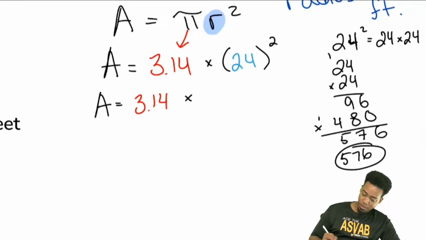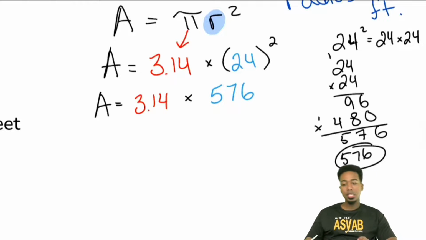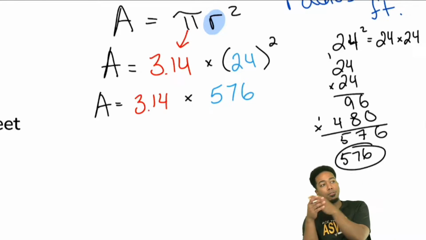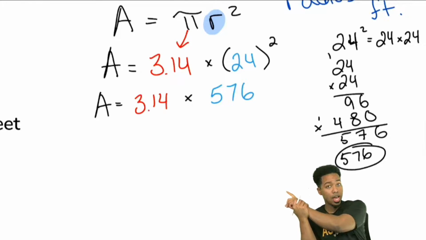multiplied by the 576. And so this is the part of the problem-solving process that, if you have gone through the math basics and you've gone through all of your fundamental practice, should not stop you from believing that you can get this problem right.